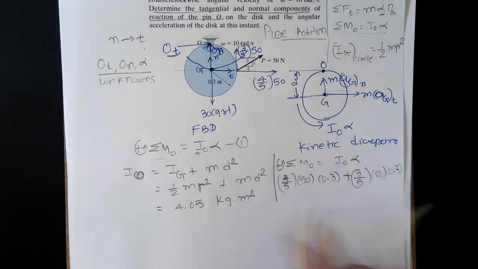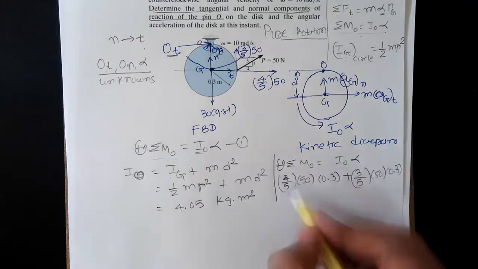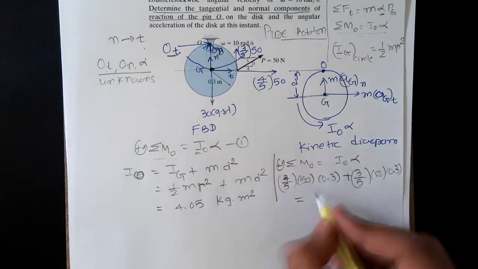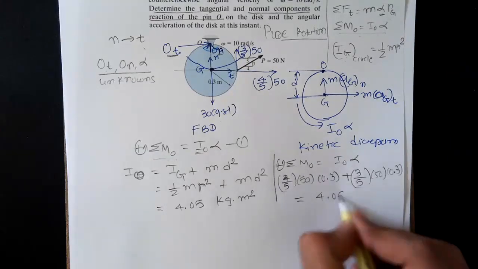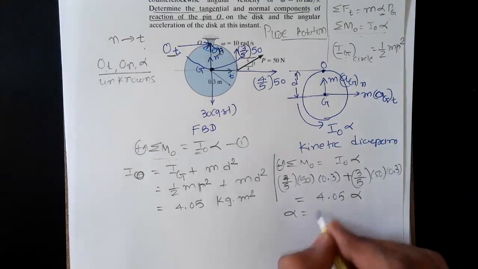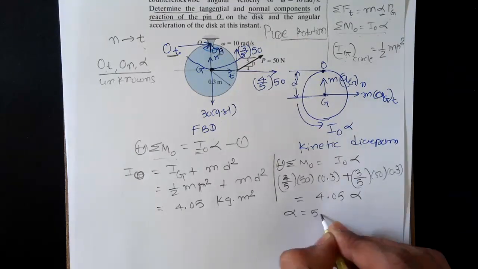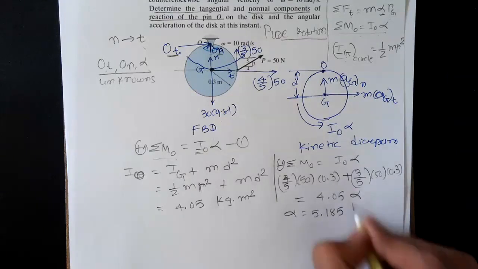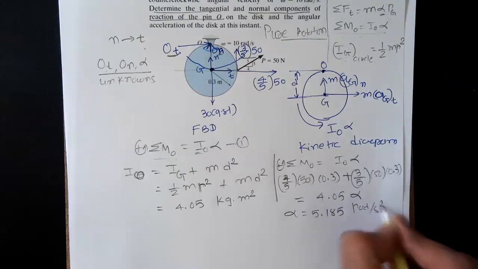So both these terms are just for sigma Mo, which is equal to I0 alpha, which is 4.05 multiplied by alpha. When you solve this equation, we get the angular acceleration of 5.185 radians per second squared.